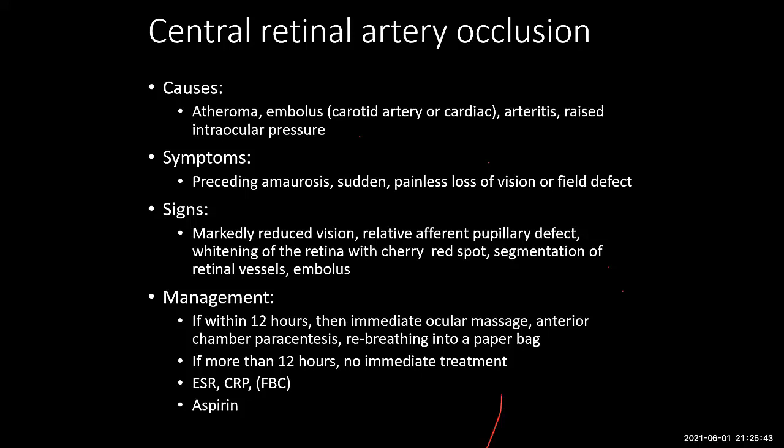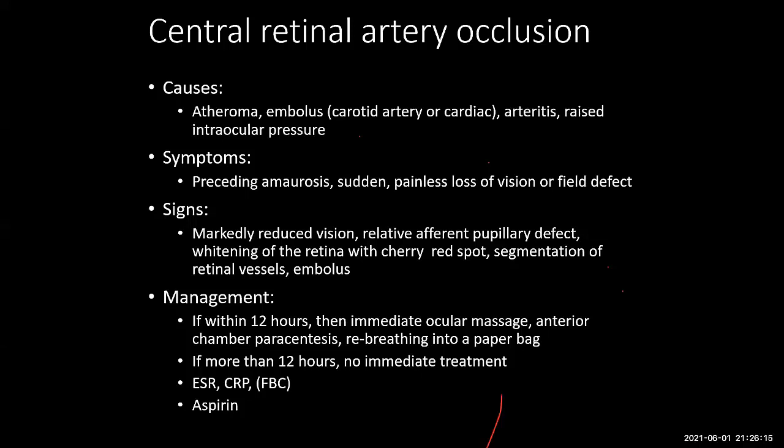Now this is central retinal artery occlusion. Now this happens usually secondary to atheroma, embolus, like in the carotid artery, or cardiac embolization, or arteritis, especially inflamed arteries, like what you see in giant cell arteritis, and raised intraocular pressure.